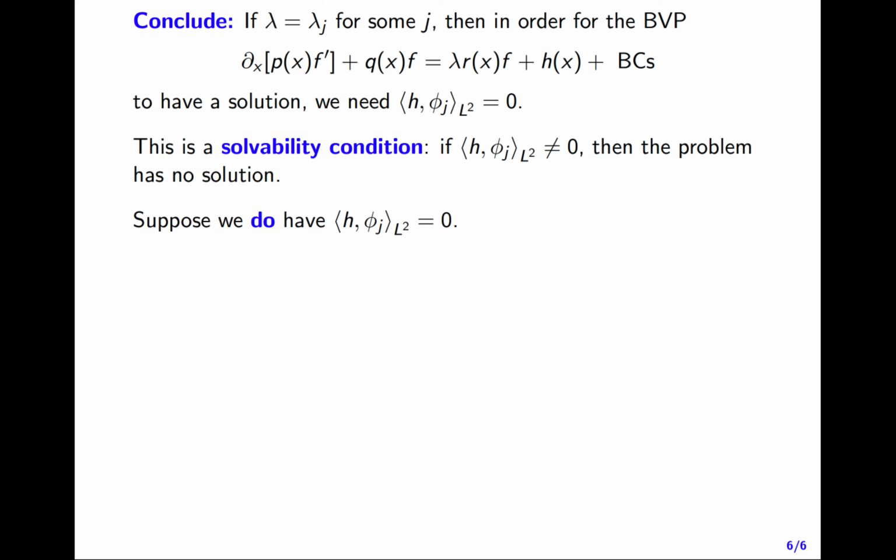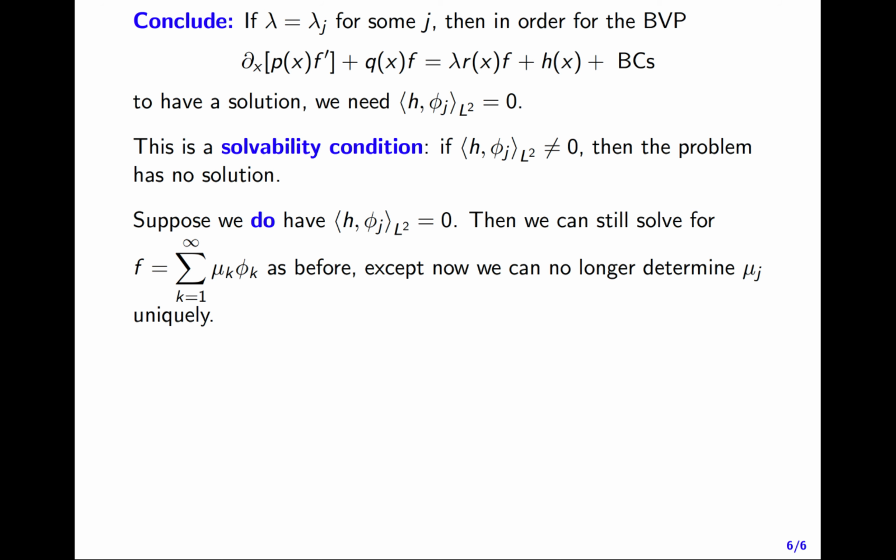But suppose we do have the solvability condition met. Suppose we do have the inner product of h against phi j in L2 equal to 0. Then it turns out we can still solve for f as this eigenseries sum k equals 1 to infinity of mu k against phi k as before. We can determine all of the mu k's uniquely except for mu j.